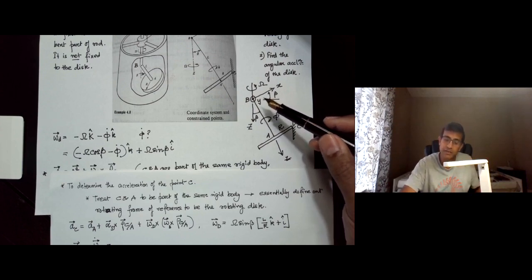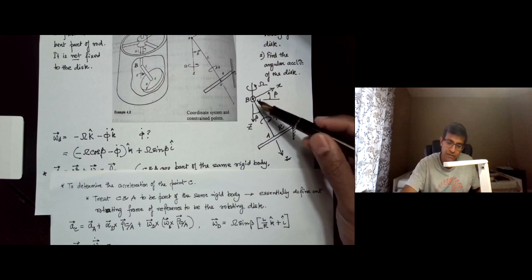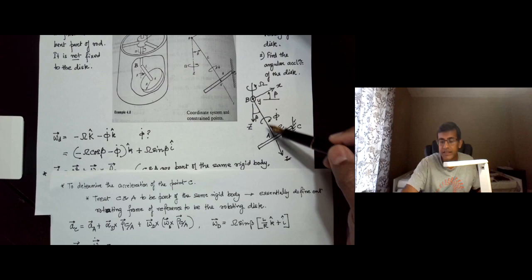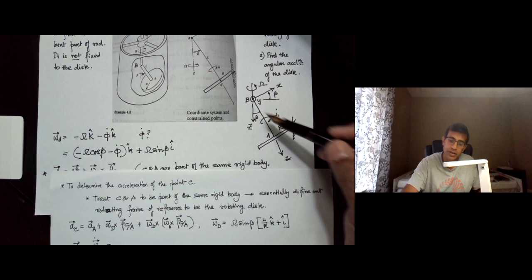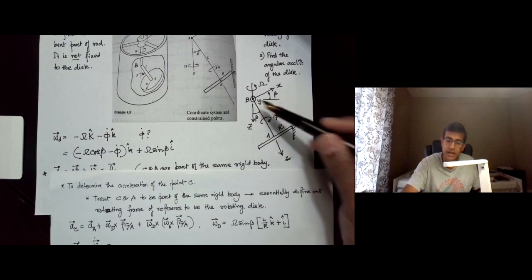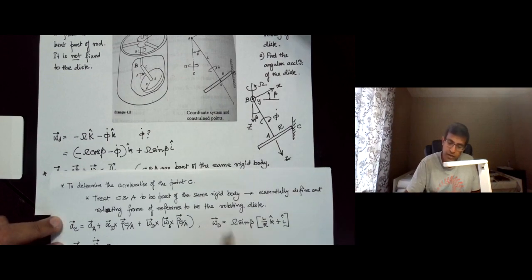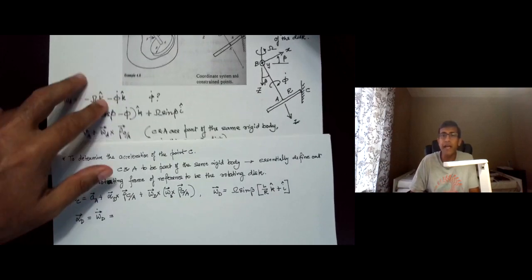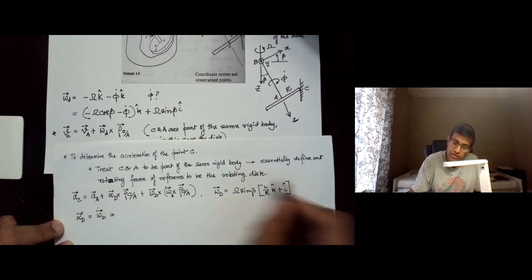The ijk triad that is being used is not fixed to the disk, but rather fixed to the hub, or fixed to the bent part of the rod, which forms the axis of the disk. So z is along that bent part, x is such that xz always forms a vertical plane consisting of the inertial z-axis, and y is mutually perpendicular to the two. Now when we find the angular acceleration of the disk, we need to take this derivative, and so this is our omega d.